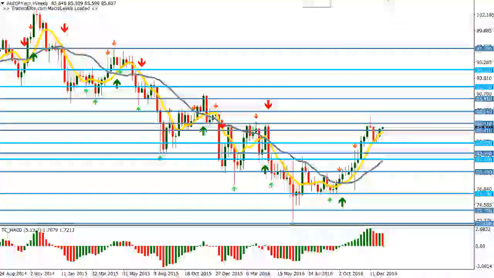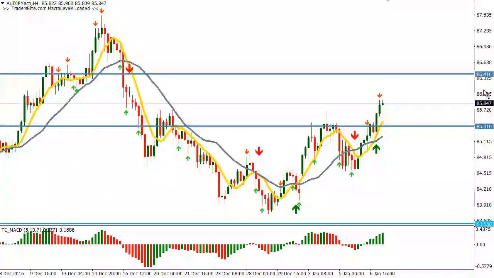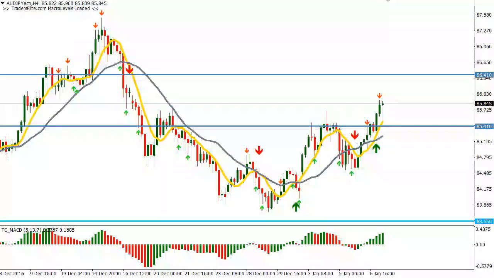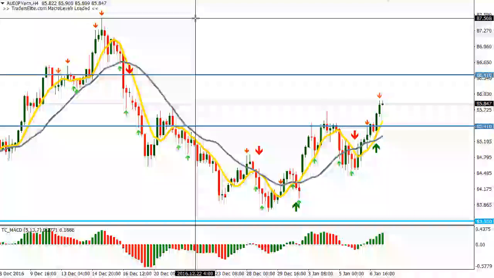But certainly upward on the weekly, upward on the daily, and on the 4 hour, we are in the midst of an upward 4 hour trend trade. So 86.40 is the initial target of locking in profits, and then we wouldn't be surprised if it went up towards that around 87.50 level.